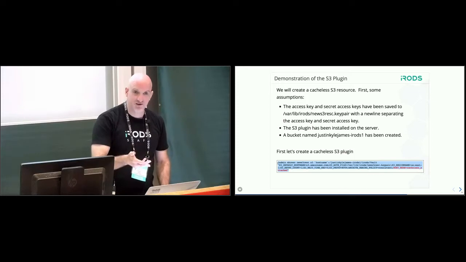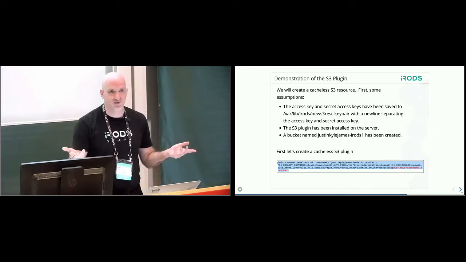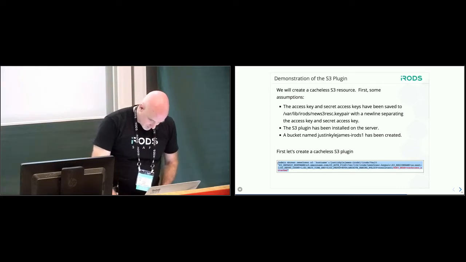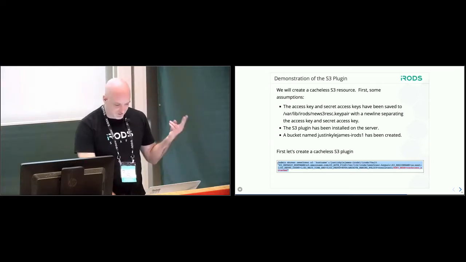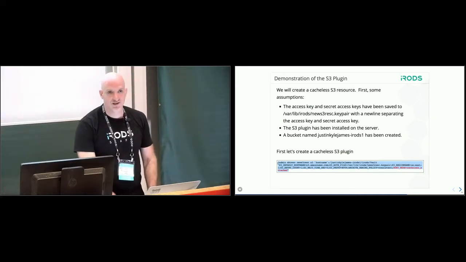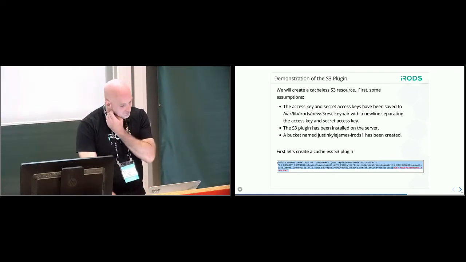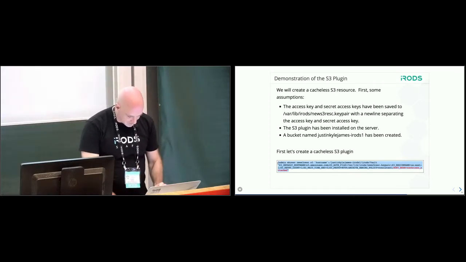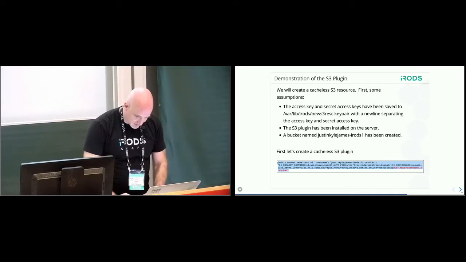We need a key pair in a file that's exactly the same as the cache S3 key pair. The S3 plugin has to be installed on the server, of course, and you need to have a bucket in S3. So I've created a bucket named Justin Kyle James, iRODS 1.